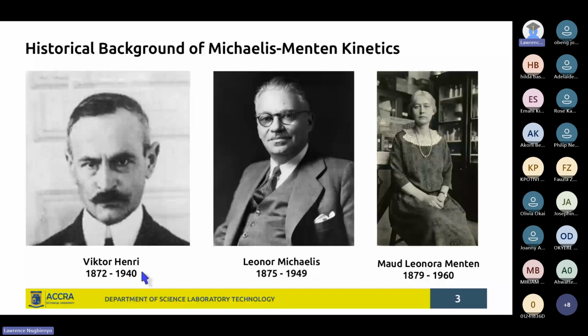There are others like Eadie-Hofstee, Lineweaver-Burk, but we won't go into those other ones. Whoever is interested can go and look at those things. At this stage, we'll just focus on the Michaelis-Menten kinetics.